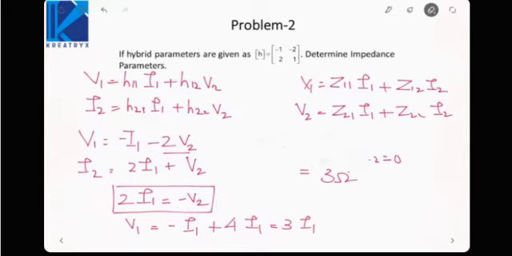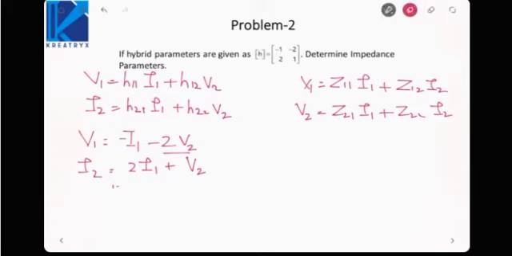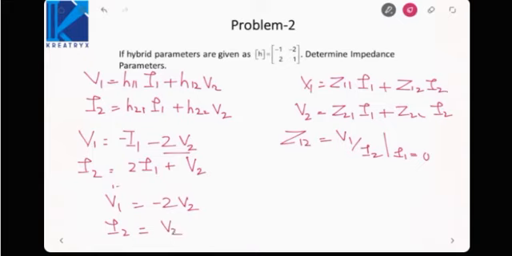Next we have to find, let us say, Z12. It is equal to V1 by I2 given that I1 equal to 0. Now if we keep I1 equal to 0, then V1 will be equal to minus 2V2 and I2 will be equal to V2. So what is V1 by I2 then? It is minus 2 ohm.